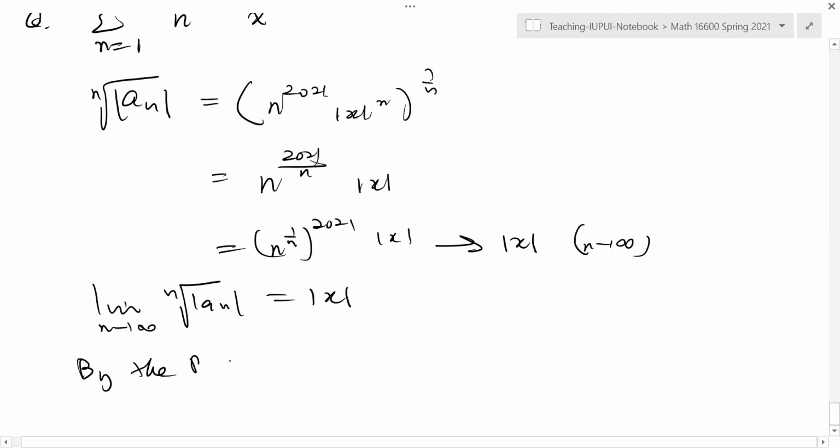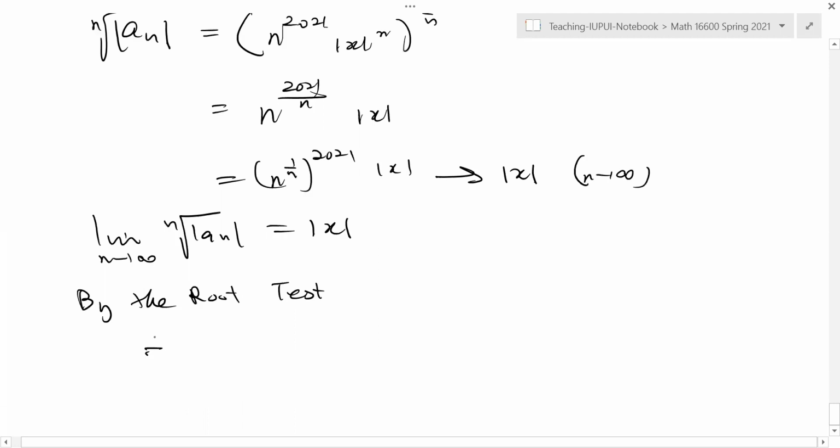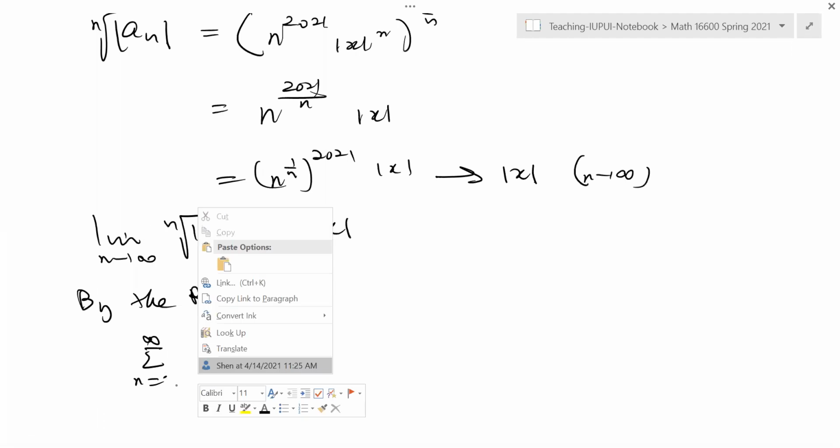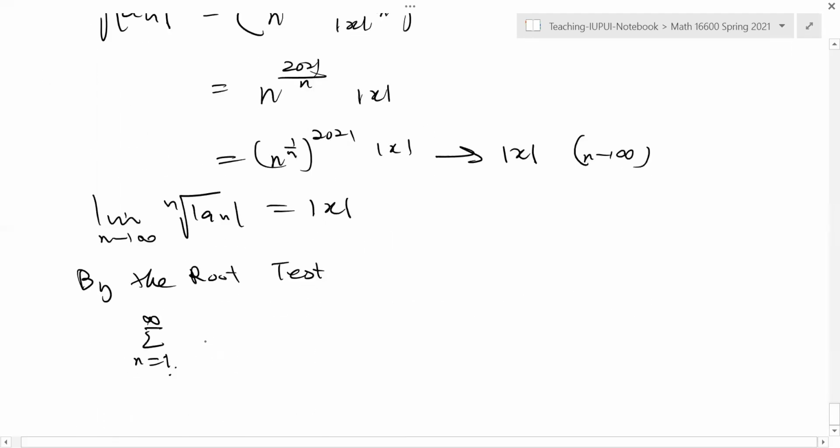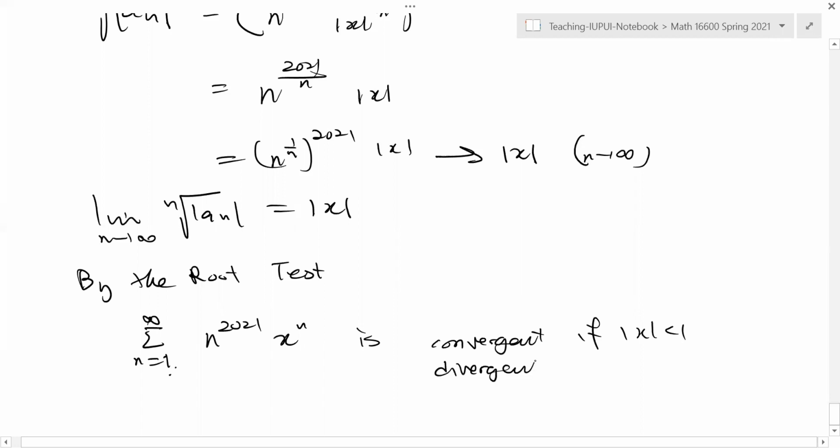By the root test, or if you use the ratio test, this series, which starts from 1, of n to the 2021 x to the n, is convergent if absolute x is less than 1, divergent if absolute x is greater than 1.